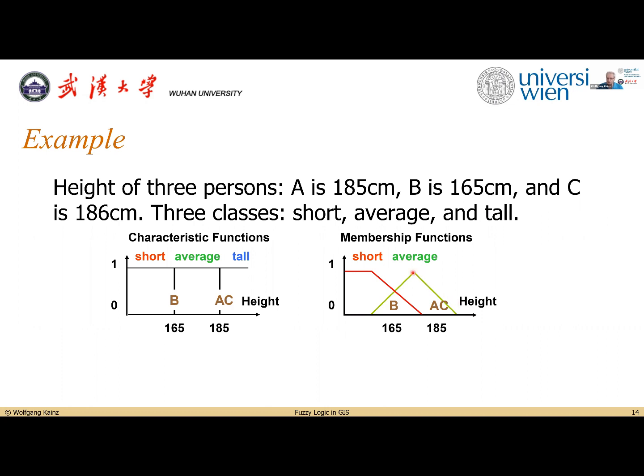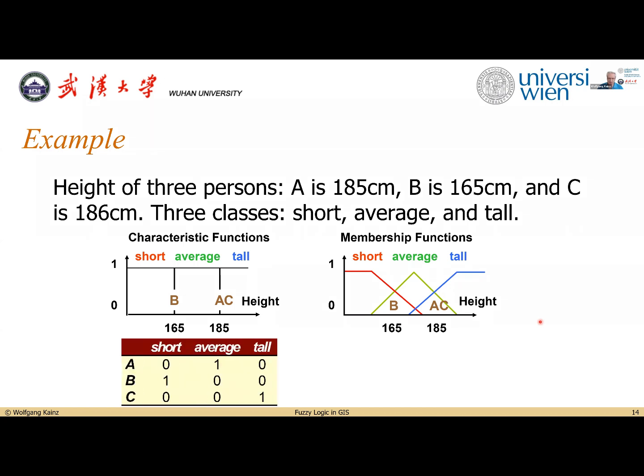And for tall, we could define such a membership function. From 0 up to, let's say, 170, somebody is definitely not tall, meaning the membership value is 0. Then it increases, and from 190 or something on, the degree of membership to tall is definitely 1 and remains 1. And in between, we have an increasing degree of membership.